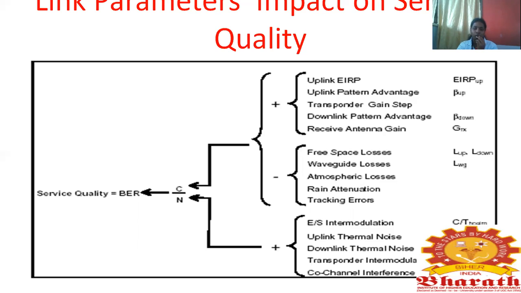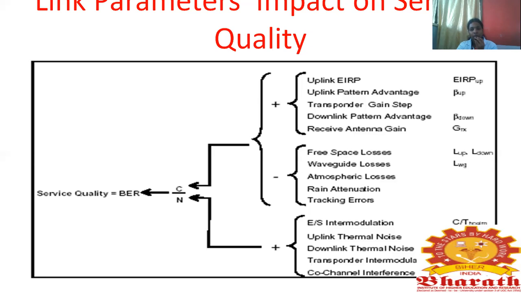We have seen that you are going to consider both loss and gain. So you're going to have a set of factors that contribute as gain, and a set of factors that contribute as loss. Certain losses include free space losses, rain attenuation, etc. And the factors that contribute noise include the uplink thermal noise, which we have seen in the diagram already.